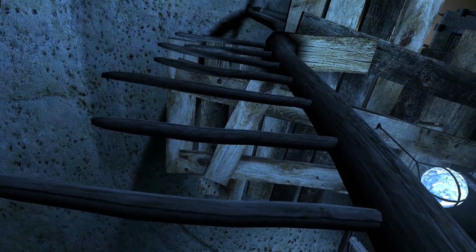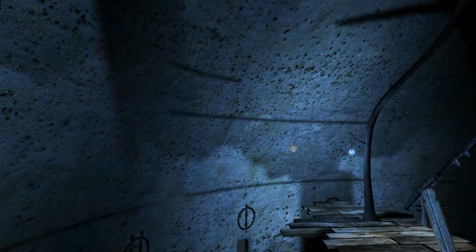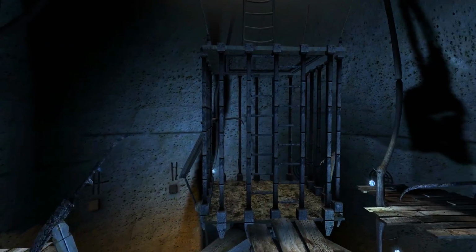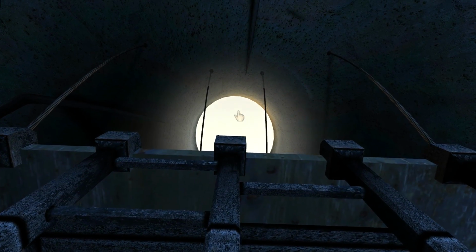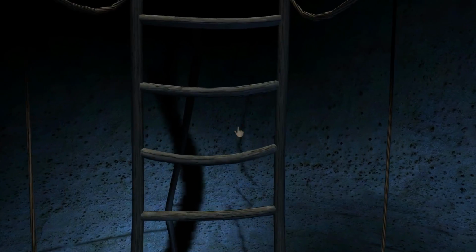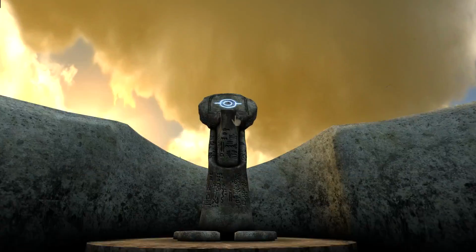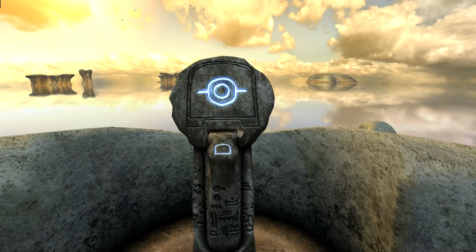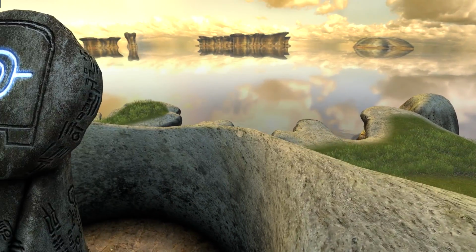Alright. So the ladder is now down. So one of the two things I did was correct. Maybe both. Maybe you had to do both. Hey there. And now I have the right to use this symbol that I already found earlier.